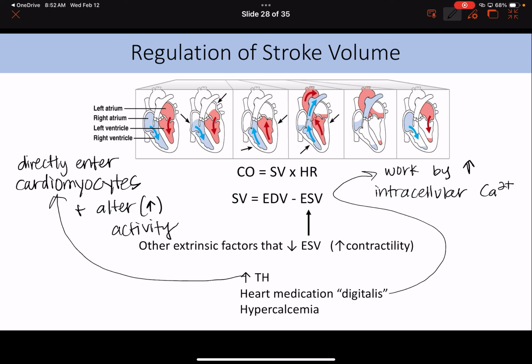So more calcium can enter cardiac muscle cells, which is going to increase heart rate and increase contractility.